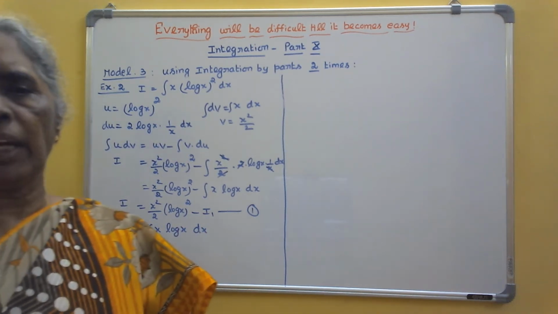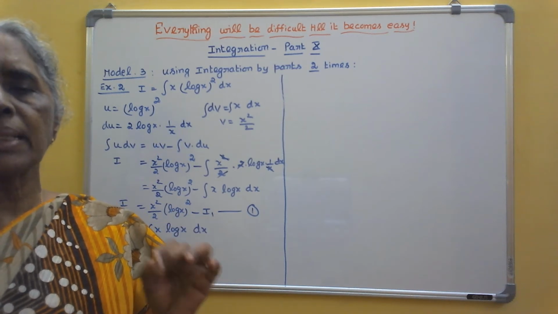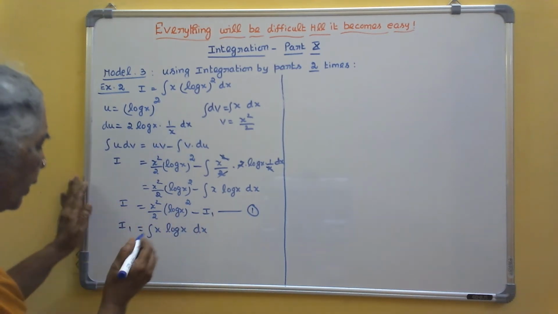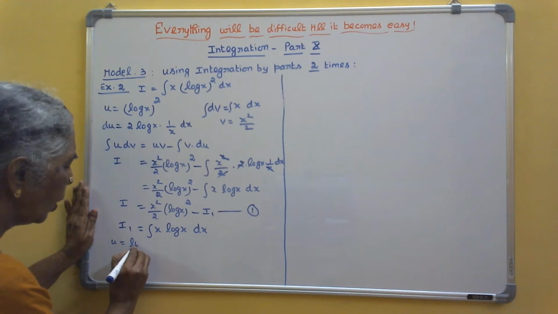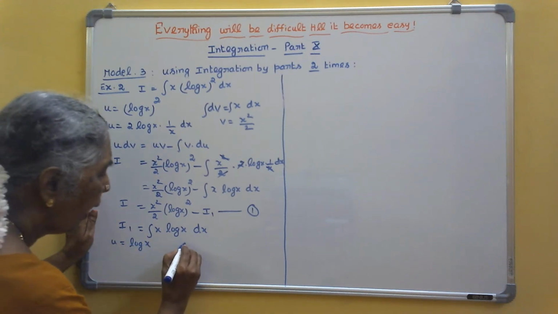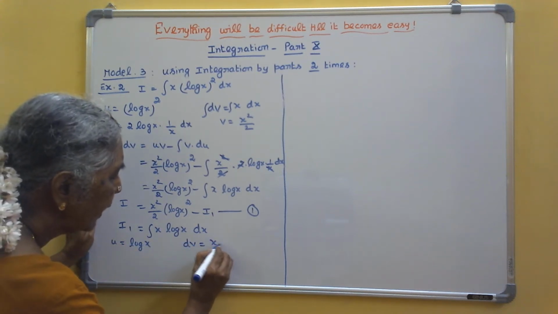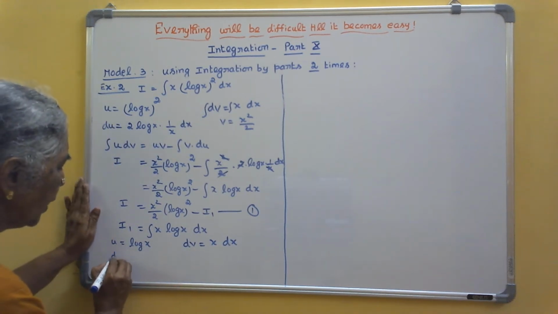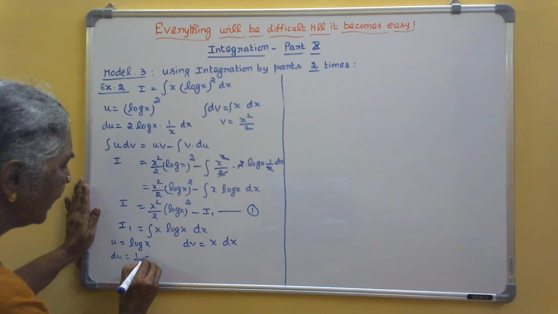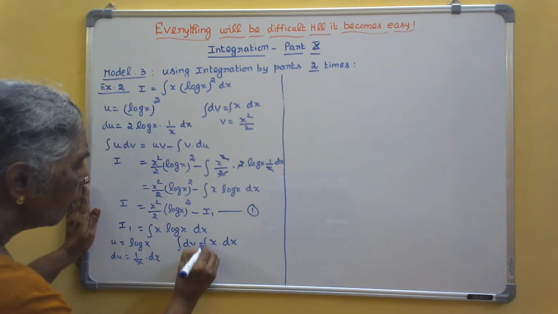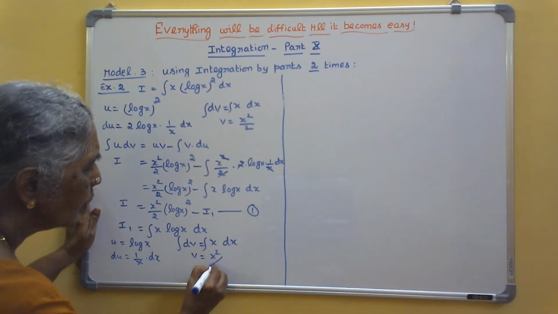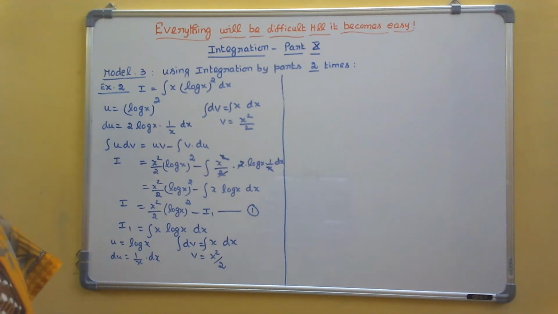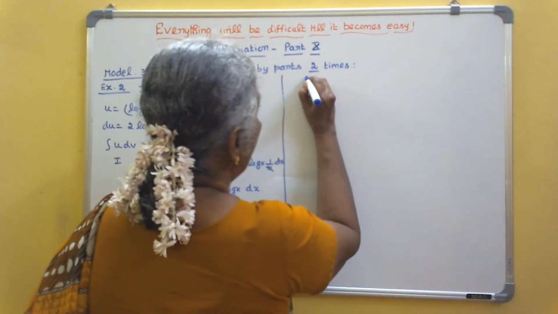X is an algebraic function. Log x is a logarithmic function. So, now the u will be log x here and dv will be x dx, right? Now, what is du now? It is 1 by x dx. V will be x squared by 2, right? So, now let us write the formula.